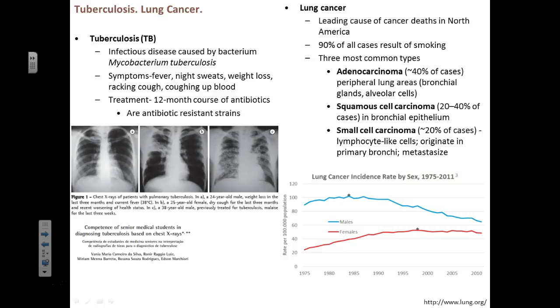A couple more diseases that are associated with lungs: TB, tuberculosis. We talk about it a lot in microbiology. This picture nicely shows you different X-rays of patients with tuberculosis, really disseminated ones. You can see the white infiltrations, more localized lesions in the lungs.